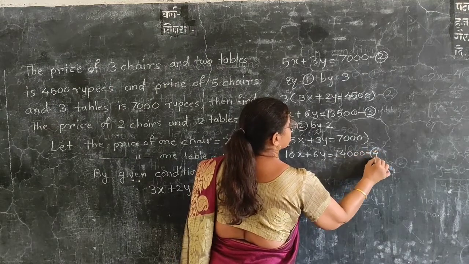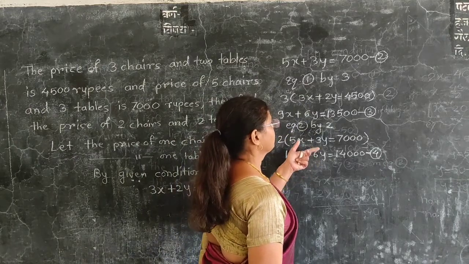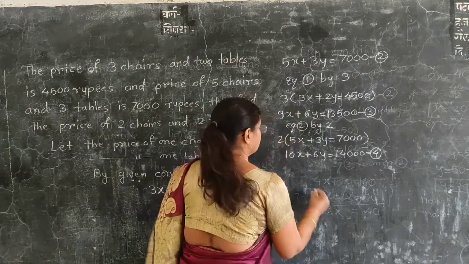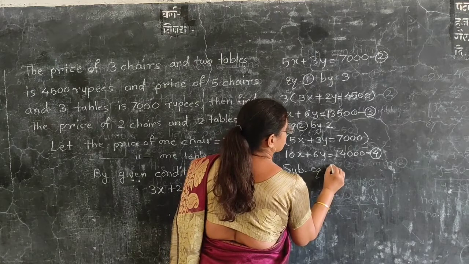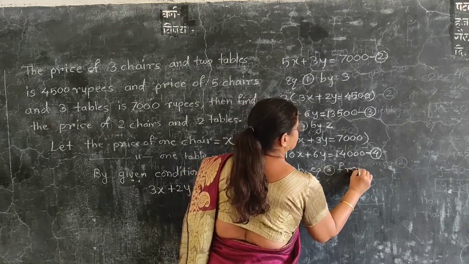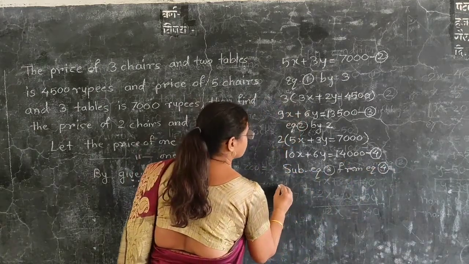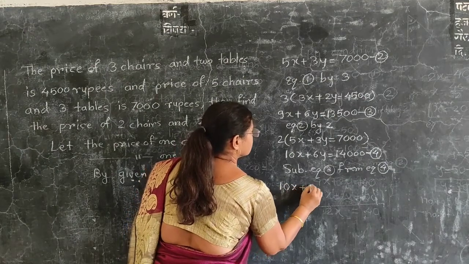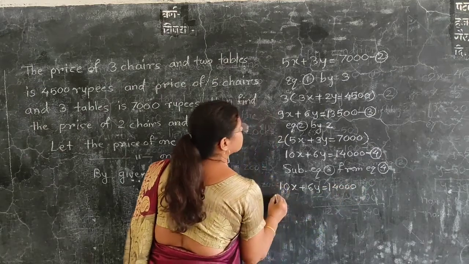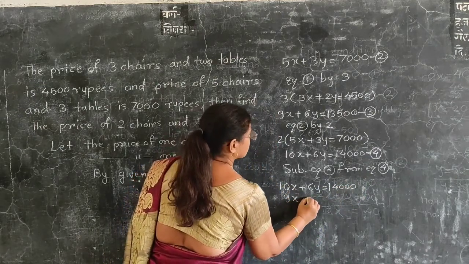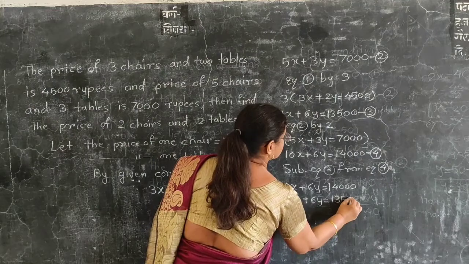Now look at equations 3 and 4. The coefficient of y is the same, and we can subtract equation 3 from equation 4 directly. Let us write equation 4: 10x plus 6y equals 14,000, minus 9x plus 6y equals 13,500.